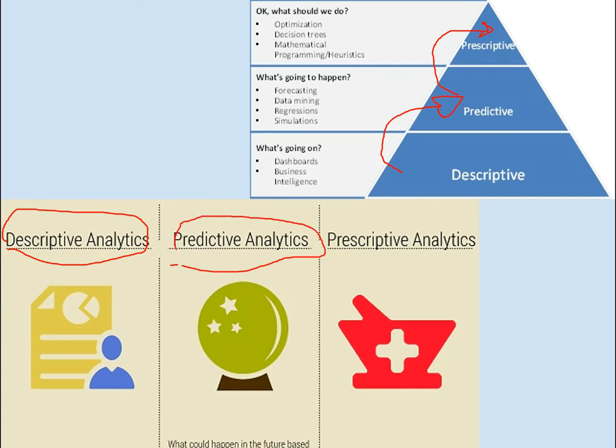Predictive analytics: what could happen in the future? So, what has already happened in the past, and what could happen in the future? And prescriptive: what should we do to take advantage of what we are predicting would happen in the future, based on the limited resources which our firm has? So that's how these three parts play together, and then there are some tools available under each of them.